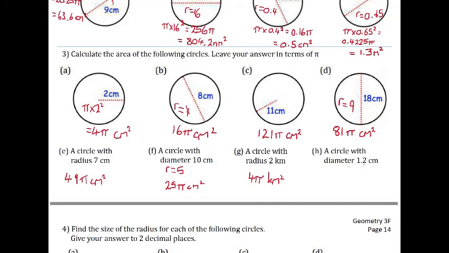And the last one, diameter of 1.2 centimetres, so the radius is 0.6 centimetres. So when we square that, we get 0.36 times by pi, we've got 0.36 pi centimetres squared.